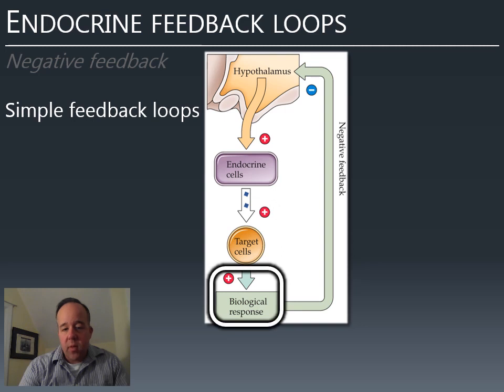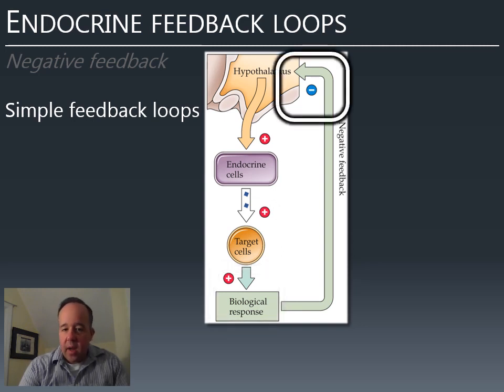But if we look at this biological response, it loops up back here to the right, and that has a negative impact on the hypothalamus. So if the target cells are sex organs, they release hormones of their own, and those hormones inhibit the hypothalamus. So the hypothalamus stops secreting its releasing hormone, and that shuts the cycle down. It is negative feedback.